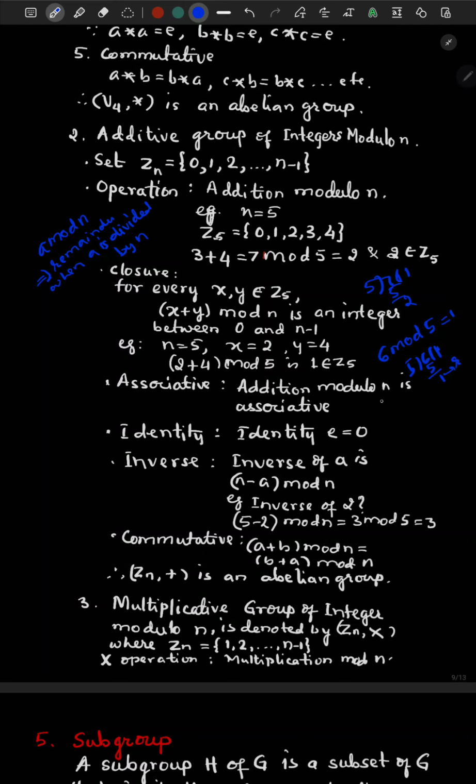Associative property: addition modulo n is associative. The identity element is 0. And the inverse will be n minus a mod n.